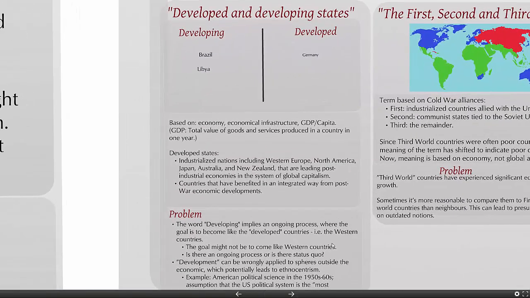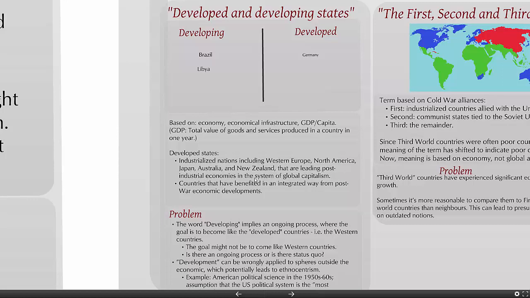So here we have the developed versus developing states type of categorization, where developing would be countries like Brazil and Libya, and developed would be Germany. This is, again, based on economy, economic infrastructure, GDP per capita, and you'd have countries of Western Europe and North America, Australia, New Zealand, Japan.